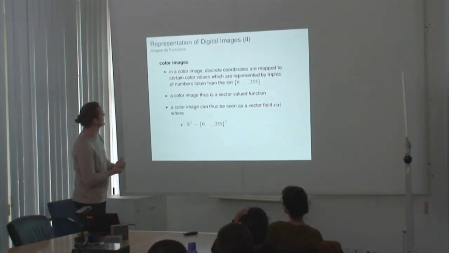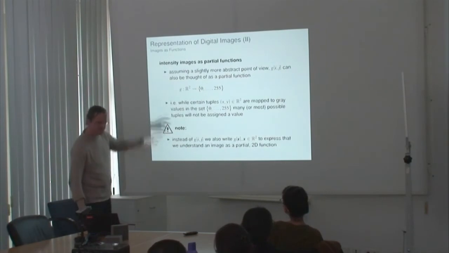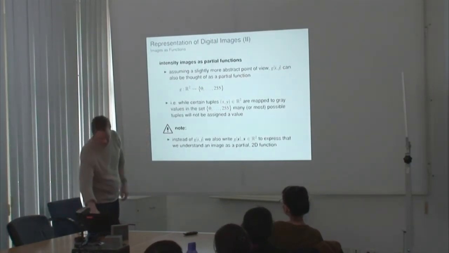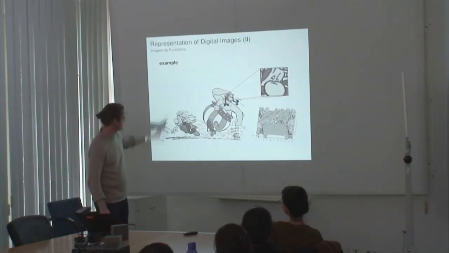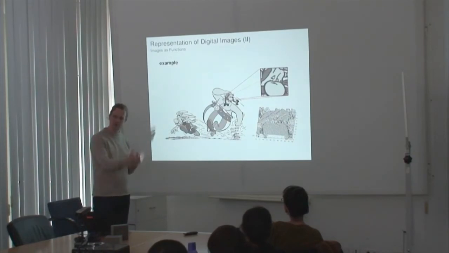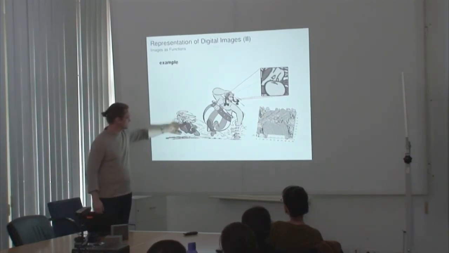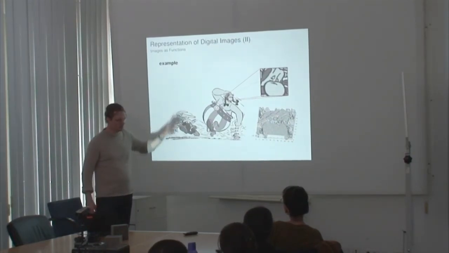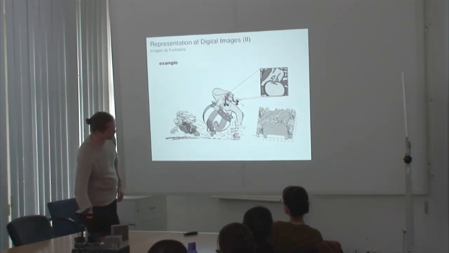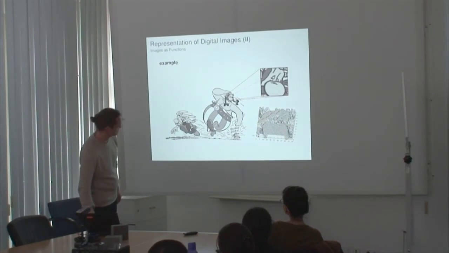Sorry about this. Okay, now we have seen we can think about intensity images. That is, again, images where there's no color in there, but basically gray value images, something very bright, something very dark. Intensity images are functions in the sense we are very used to them. Two-dimensional functions.